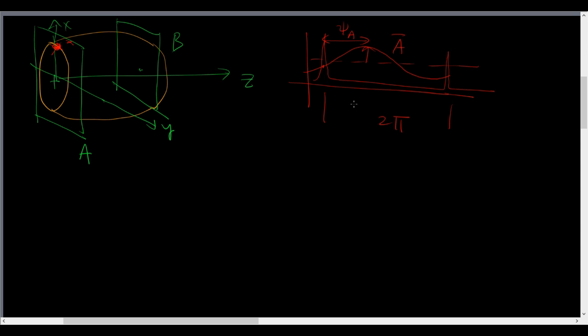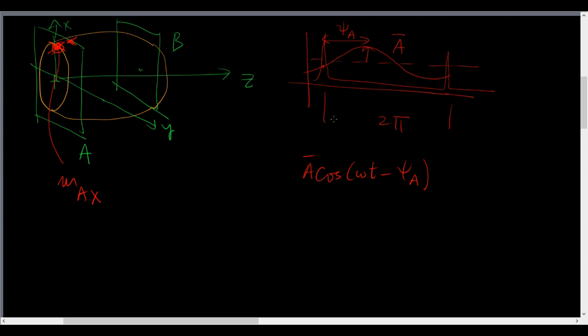In that case, the vibration is A bar cosine omega t minus psi A. All right. Then I add this trial mass, MA, some magnitude. I'm saying X because it is in that direction. It is lined up perfectly with my reflector patch or whatever it is giving me my time signal.